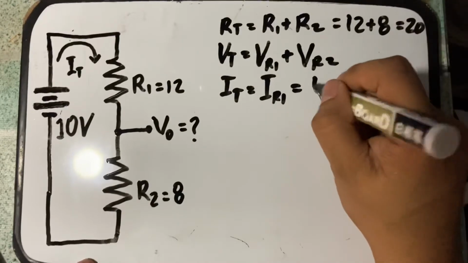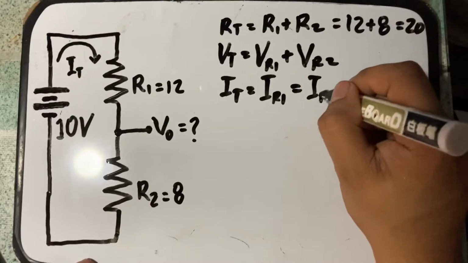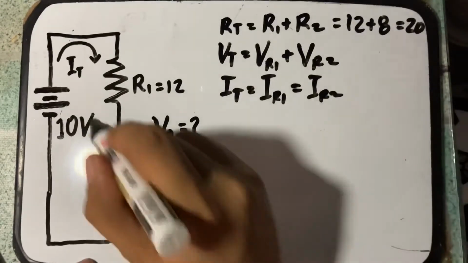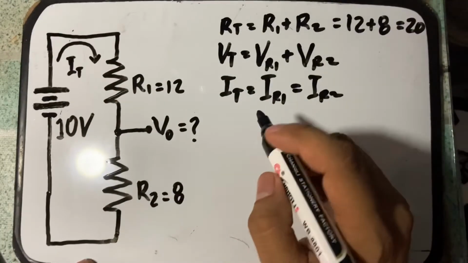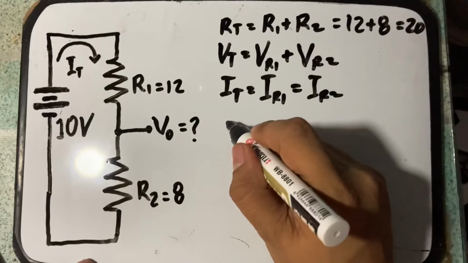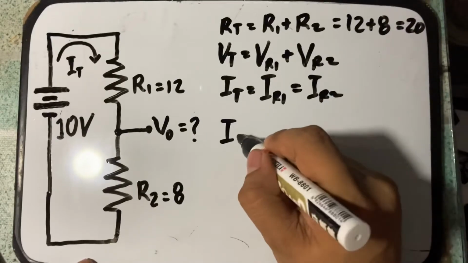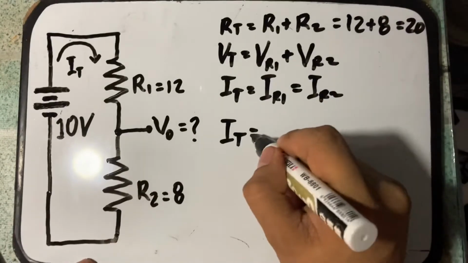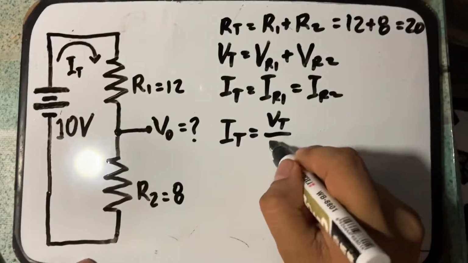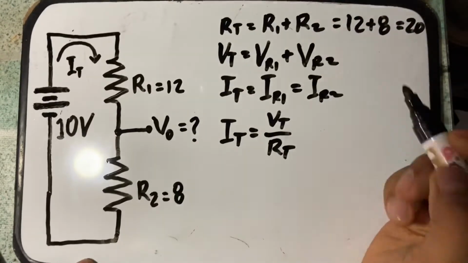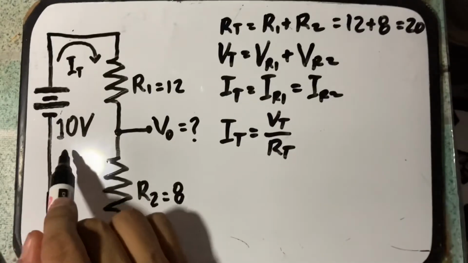So for this case, yung current sa R1 is equal to current sa R2. So same lang yung kuryenteng dumadaloy sa dalawang resistor na yan. So we can compute for the total current by dividing total voltage over total resistance, VT over RT.